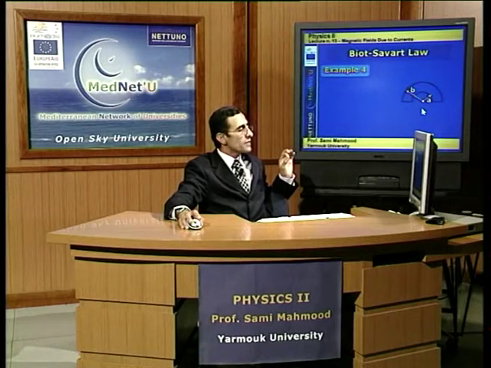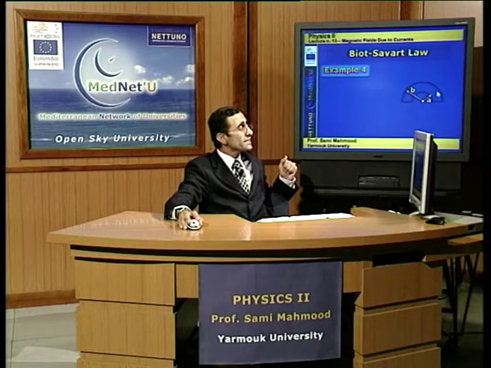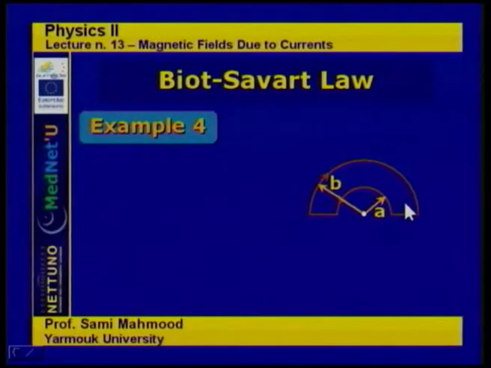That is, the magnetic field produced by an arc is simply mu naught I over 4 pi r times phi, which is the angle subtended by the arc. In both cases, the angle phi subtended by the arc is simply pi. It's half a circle.